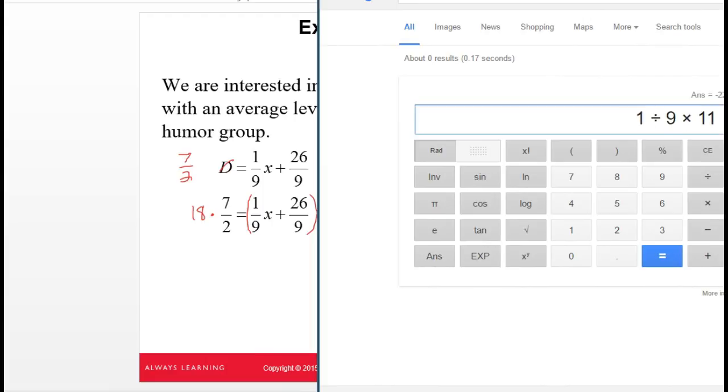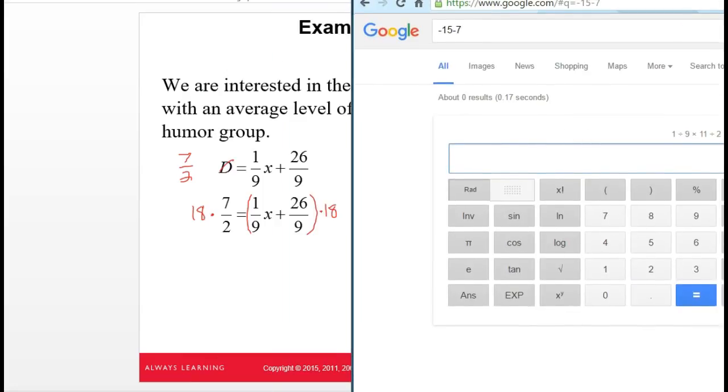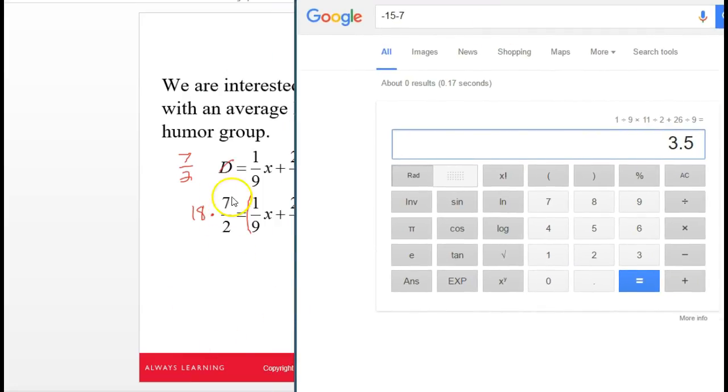So 11 halves, and then plus 26 ninths, and then equals, and I got 3 1/2. 3 1/2 is the same thing as 7 halves.